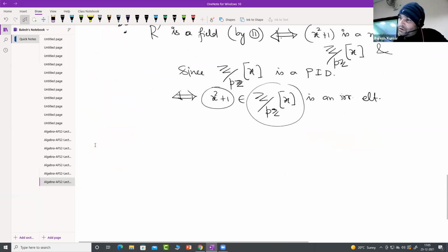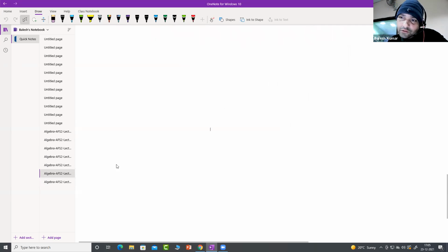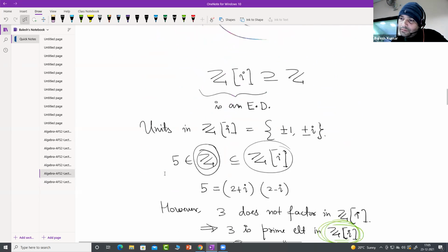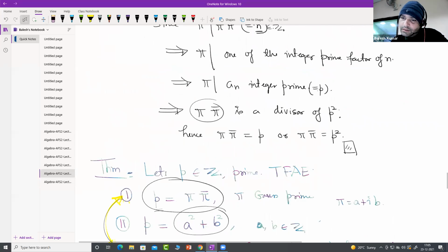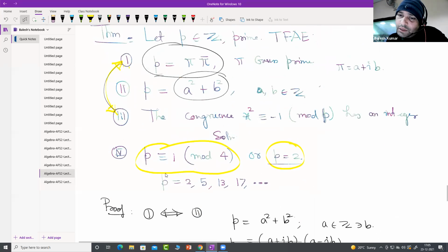And so this is about this 1 if and only if 3. Now our aim is to prove this fourth equivalence with any one of them.